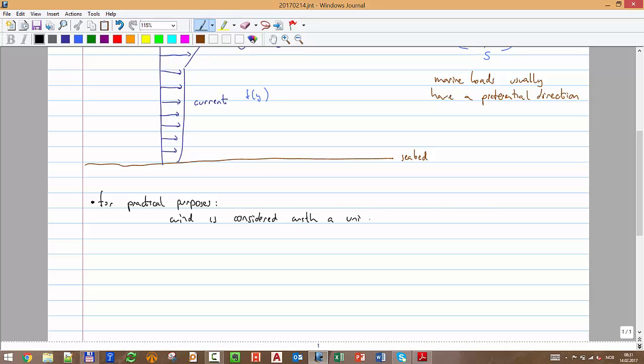One exception to that is floating structures. For some floating structures we want to include the transient nature of wind.